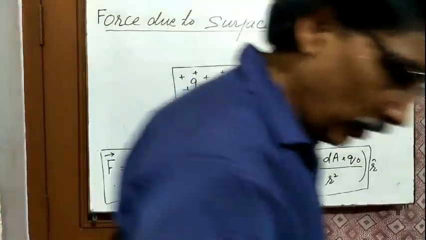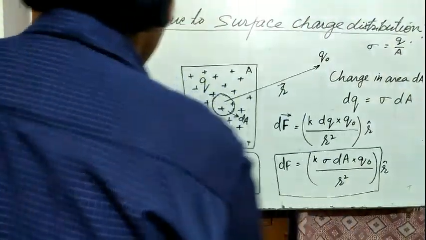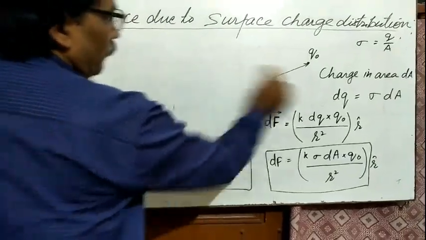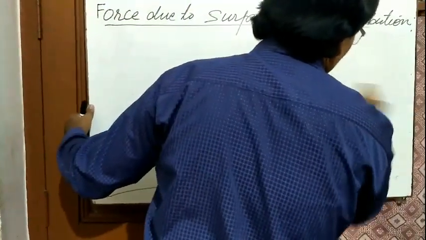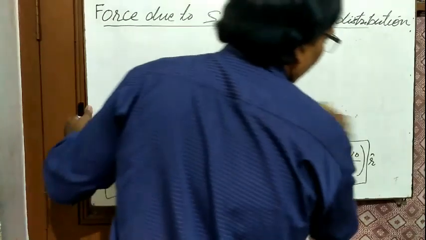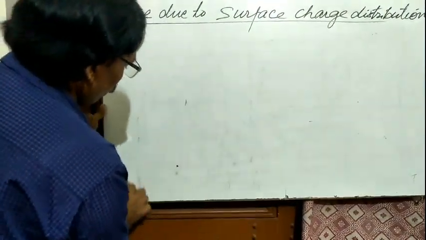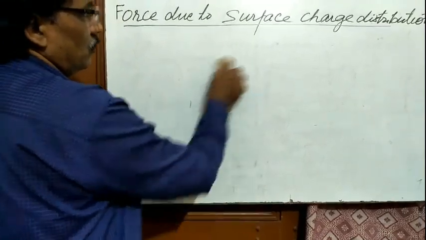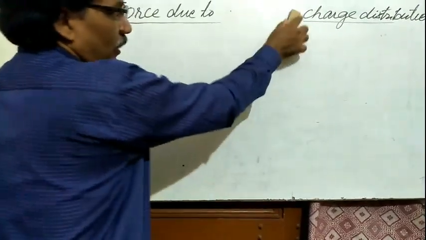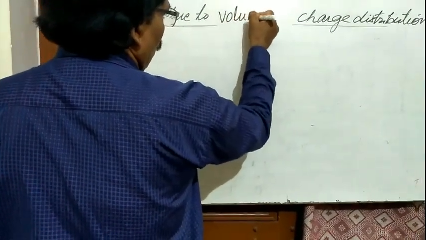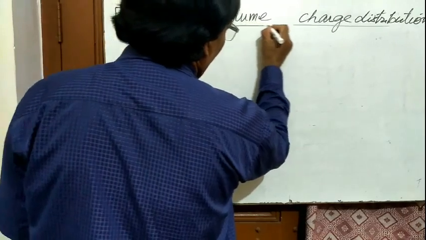Now come to the third type, that is volume charge distribution. We will define volume charge density here. This is volume charge distribution.